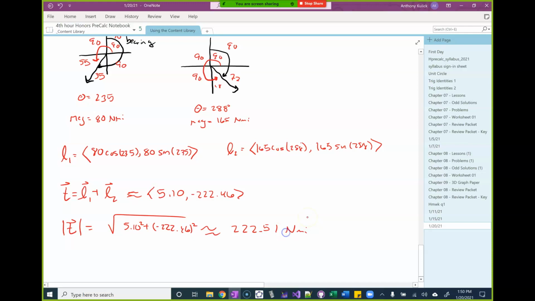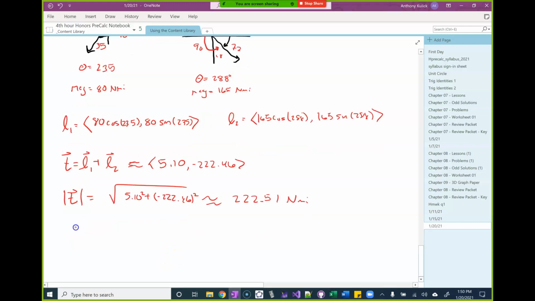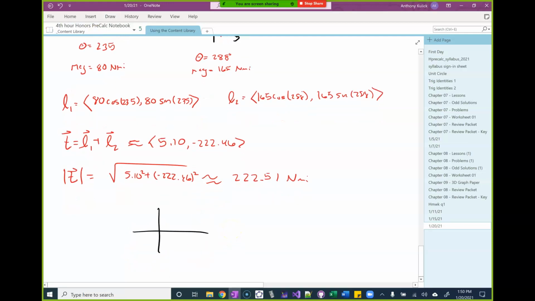And my theta then, that will make things a little bit easier, so I'll plot my angle. So I go 5 over and 222 down. So there's my vector t.